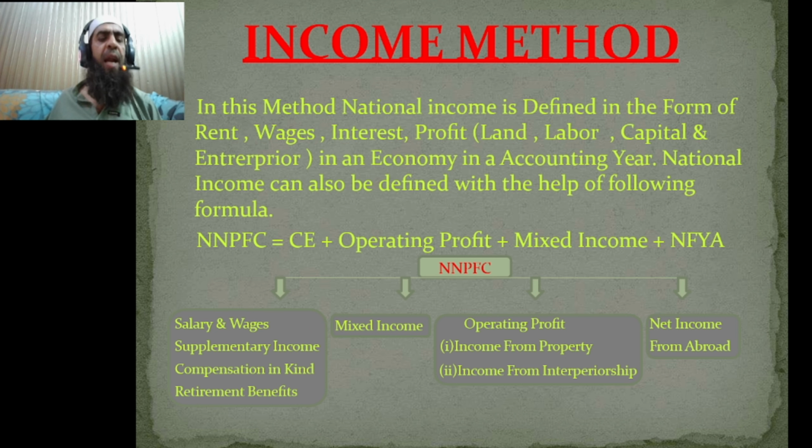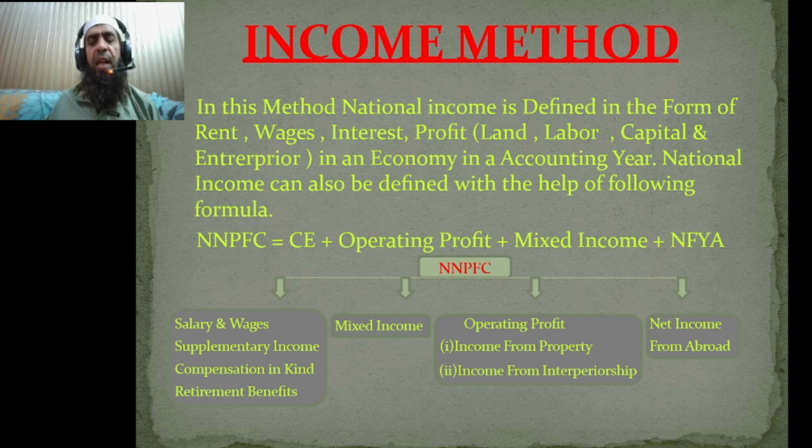NNPFC is equal to compensation of employees plus operating profit plus mixed income plus NFIA. Compensation of employees is salary and wages, supplementary income, compensation in kind, retirement benefit. Mixed income, operating profit, income from property, income from enterprises, and net factor income from abroad: when these are included together, it is called NNPFC.